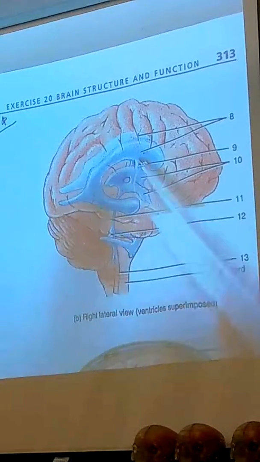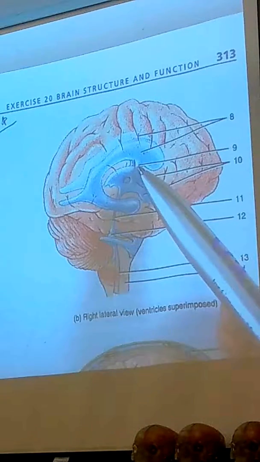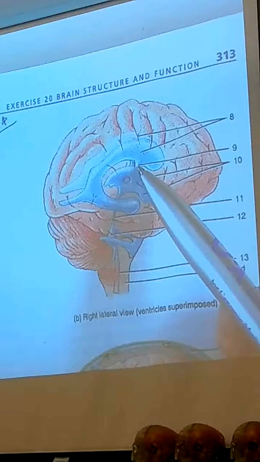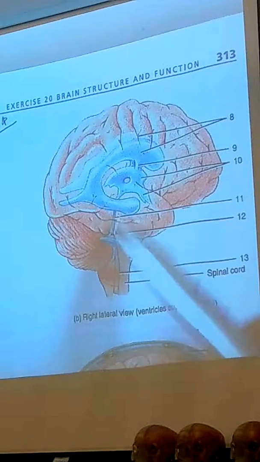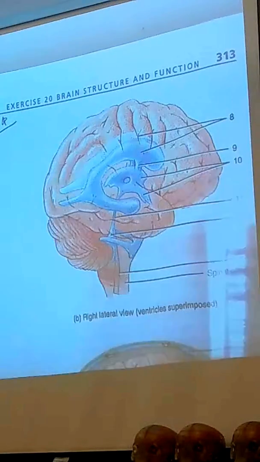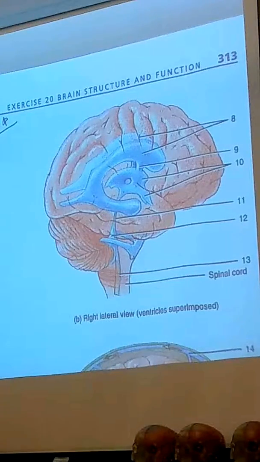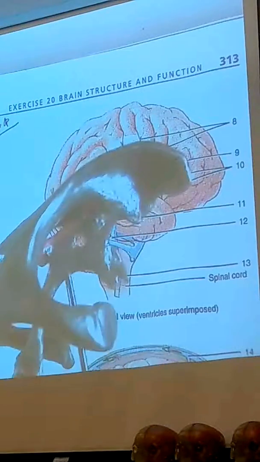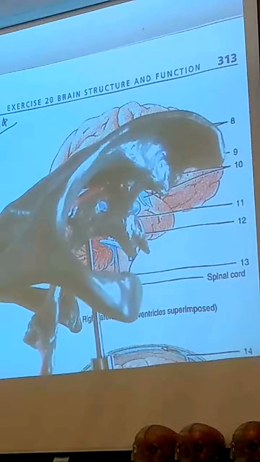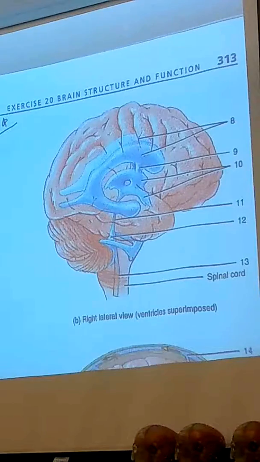Between them, this is called the interventricular septum. Alright. So this picture will not be there, but this model will be there. It's exactly the same model, if you just look at it. So this model will be at all the stations.